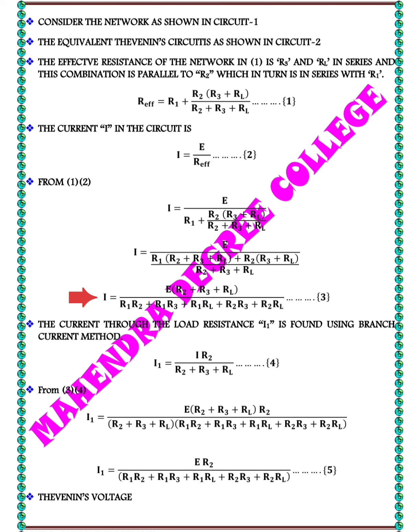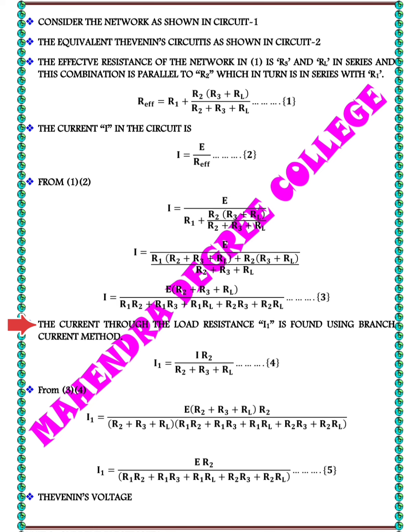Finally, I equals E into R2 plus R3 plus RL by R1 into R2 plus R3 plus RL plus R2 into R3 plus RL. This is equation number 3. The current through the load resistance I1 is found using the branch current method.